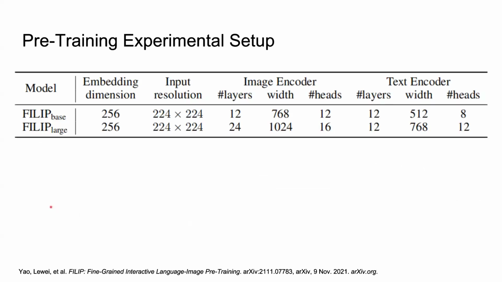So then the experimental setup: what exactly is their architecture, their plane dimension, the details of their image encoder, text encoder, etc. They have two different models they came up with, their base model and their large model.